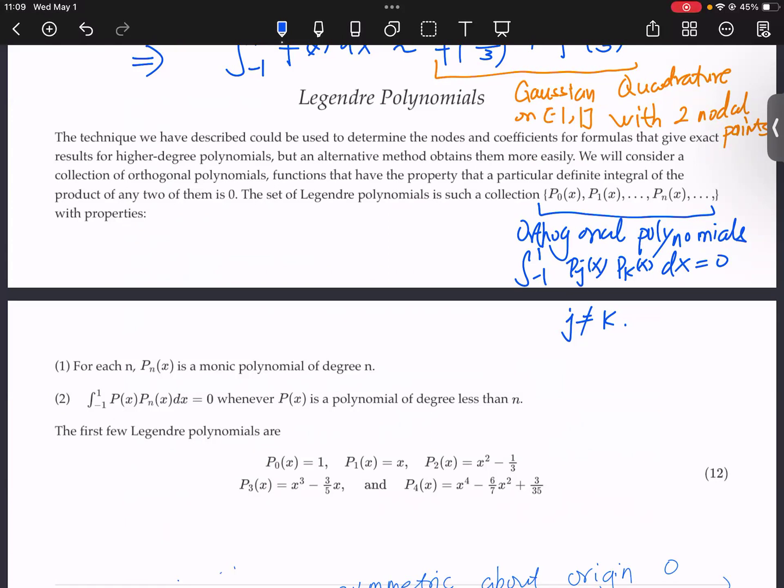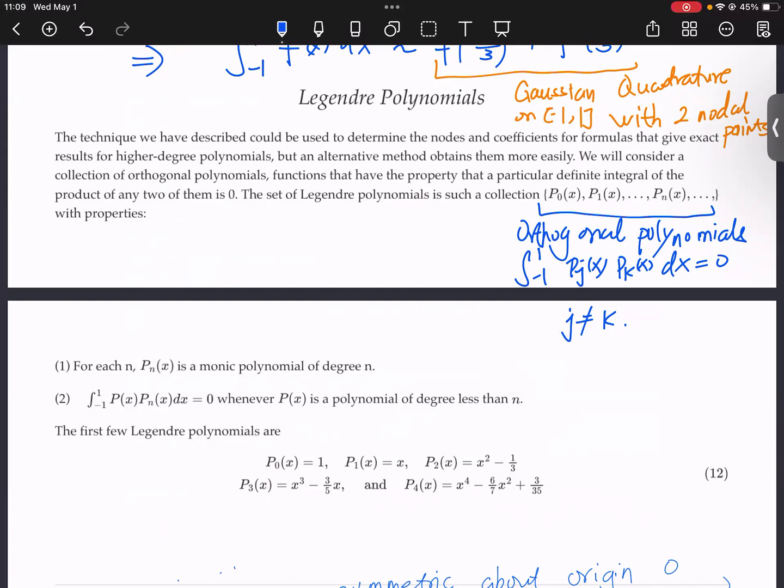You can do this by dividing the polynomial by a factor, and then you get the highest degree term with coefficient 1. So we require that P_n(x) is a monic polynomial of degree n.